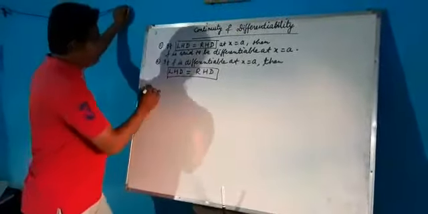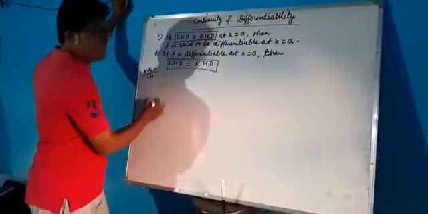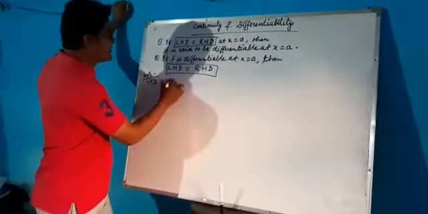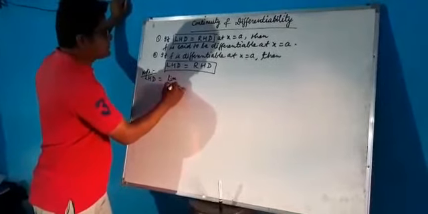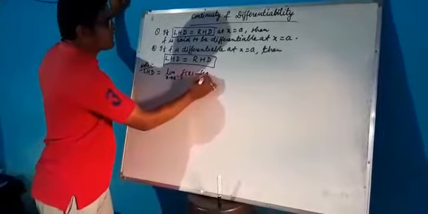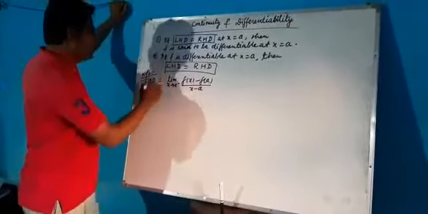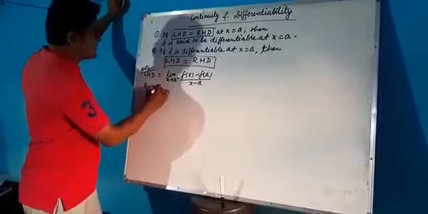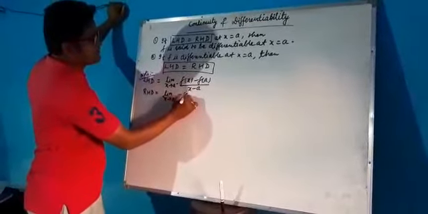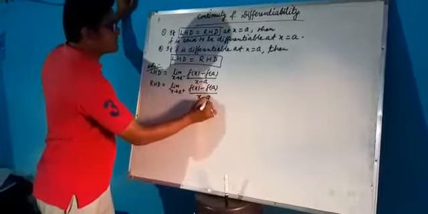See, left hand derivative stands for limit x tends to a minus, f of x minus f of a by x minus a. And right hand derivative stands for limit x tends to a plus, f of x minus f of a by x minus a.